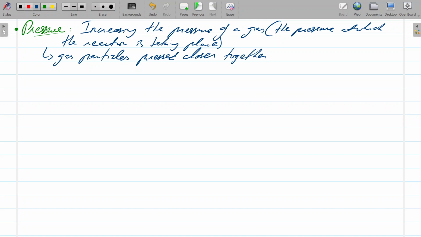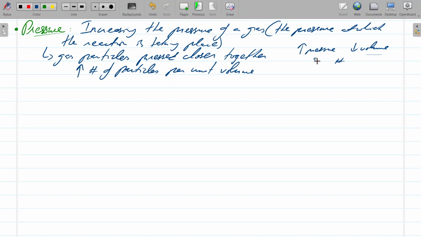And so that means that you are increasing the number of particles per unit volume. When you're increasing the pressure, the volume is going to go down. And so you have the same number of particles in lesser volume, so that's increasing the number of particles per unit volume.